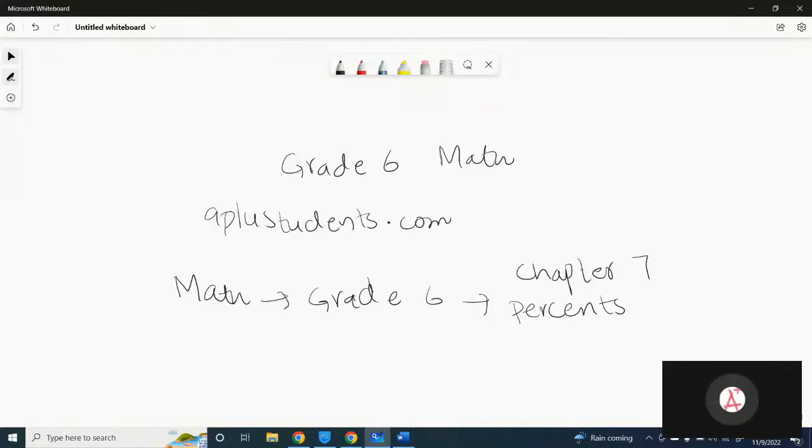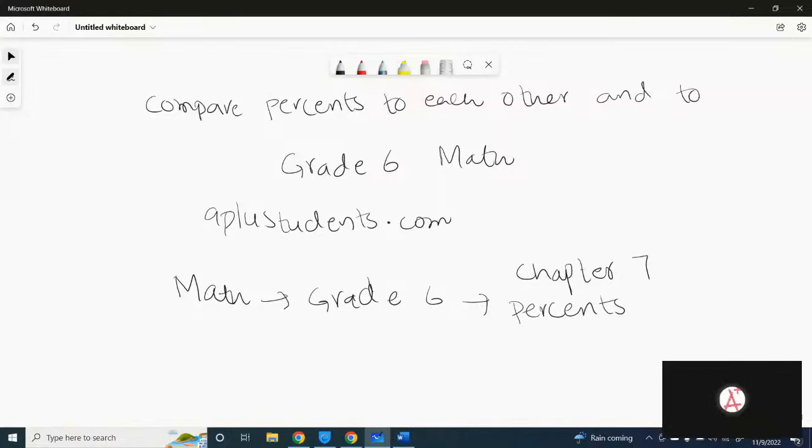The lesson we're going to start with is compare percents to each other and to fractions.